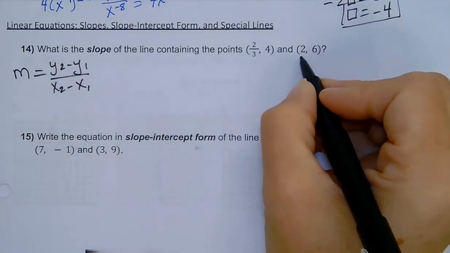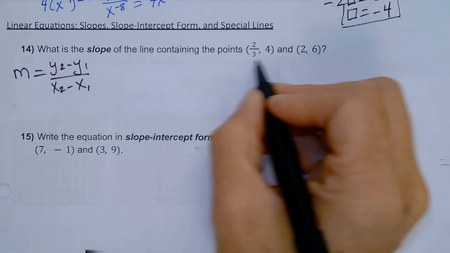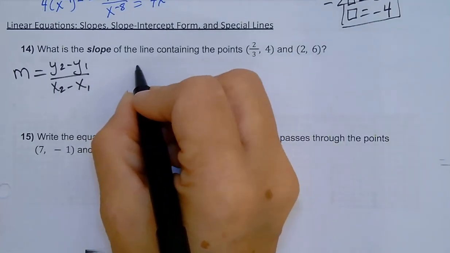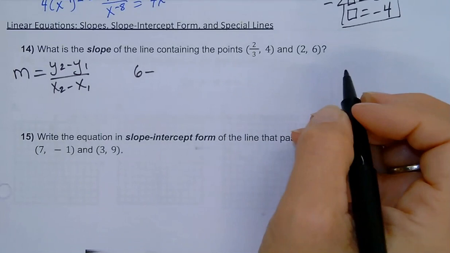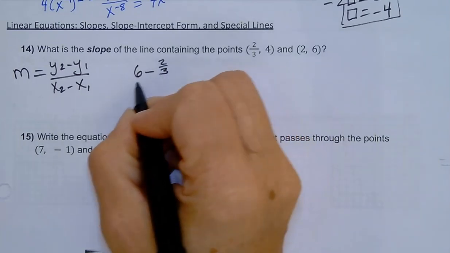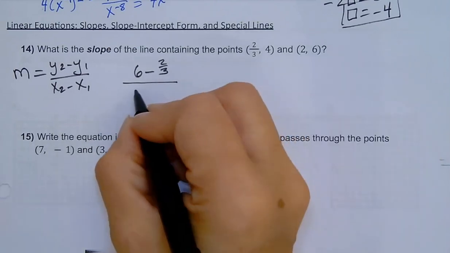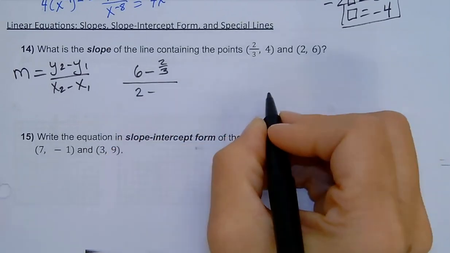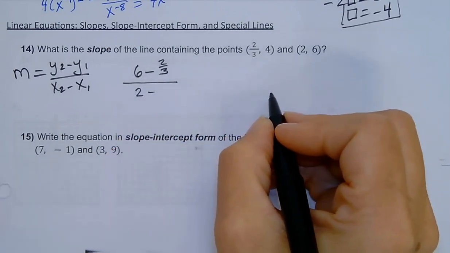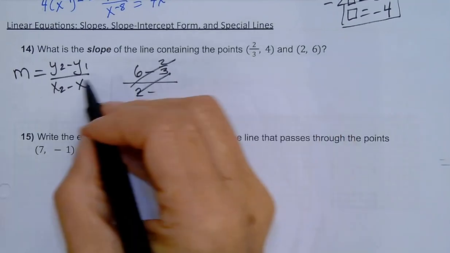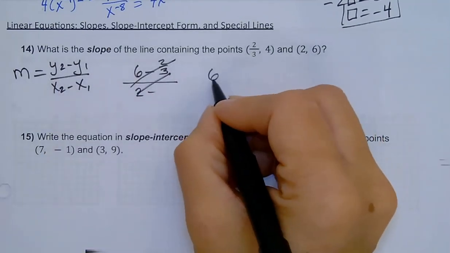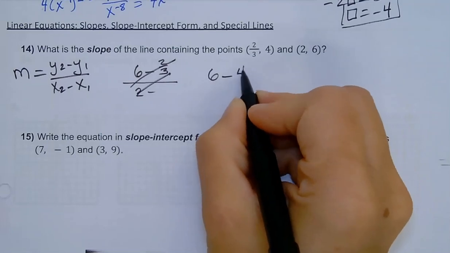This is my second point, this is x sub 2, this is y sub 2. So y sub 2, 6, minus y sub 1, 2/3, all over x sub 2 minus x sub 1. How about I didn't do that right? Y sub 2 for real is 6, minus y sub 1 is 4. Sorry about that.